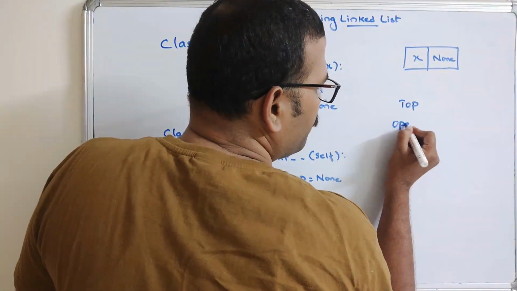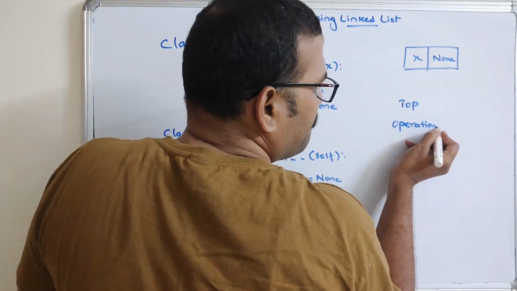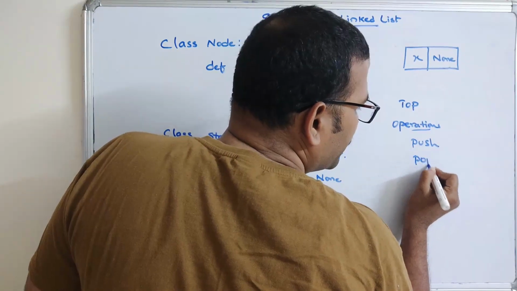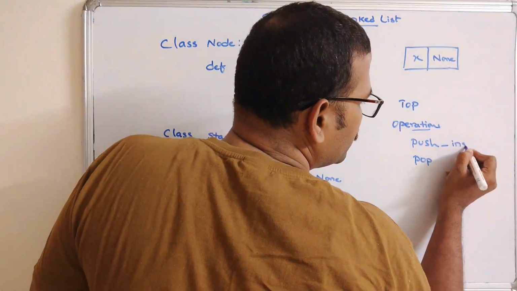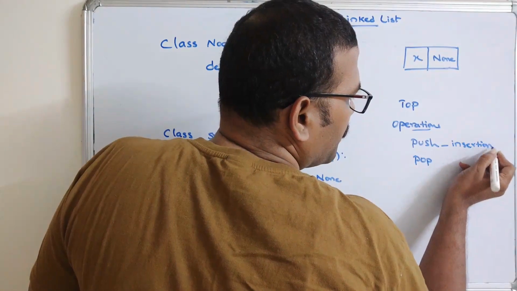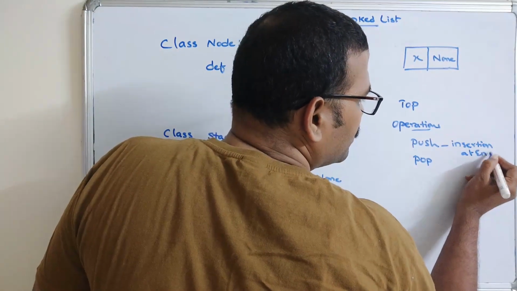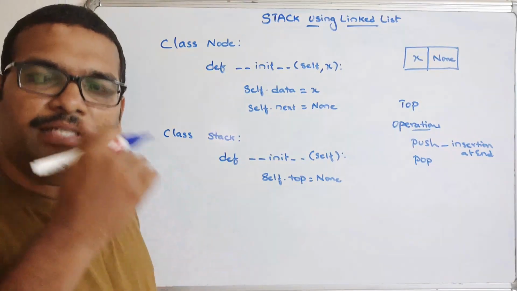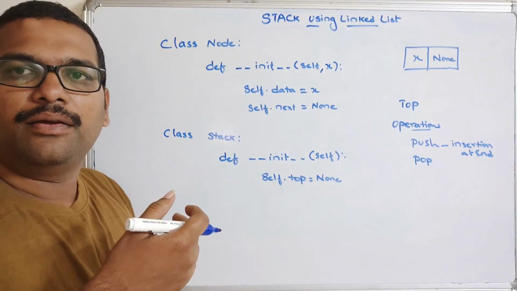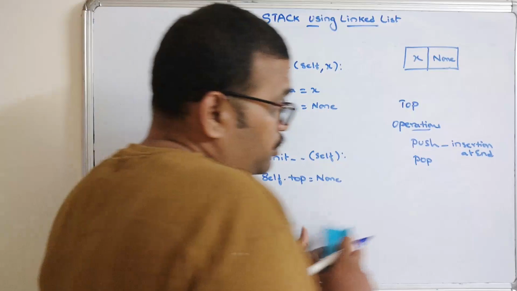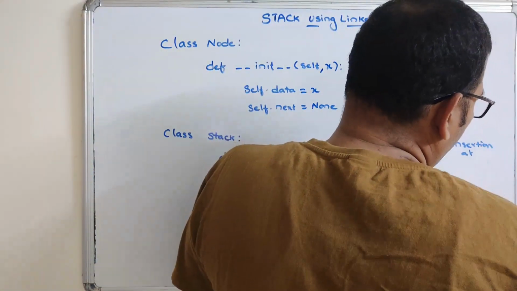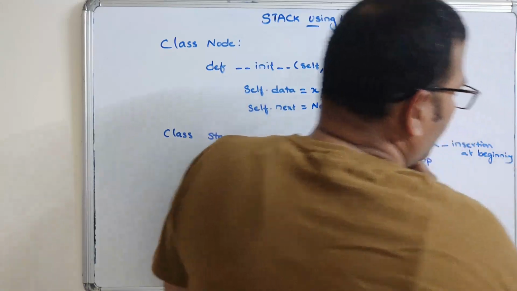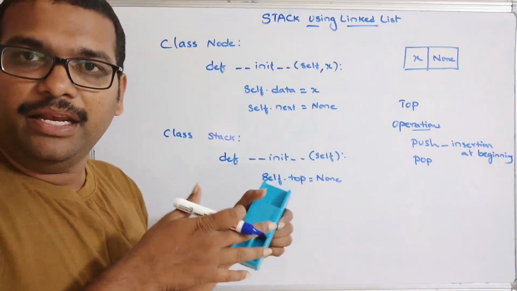We know the operations of a stack. The operations of a stack are push and pop. Push means insertion. Being a stack, the insertion should always be at the beginning, right?